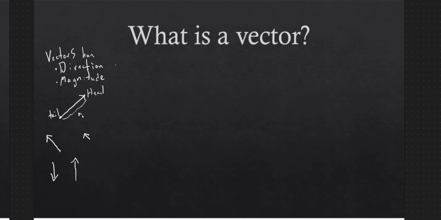So this would be our magnitude, just that real number that represents how long the arrow is. That's magnitude. And then direction is, we'll talk more about direction later, how exactly we quantify direction. So each of these represents a vector.